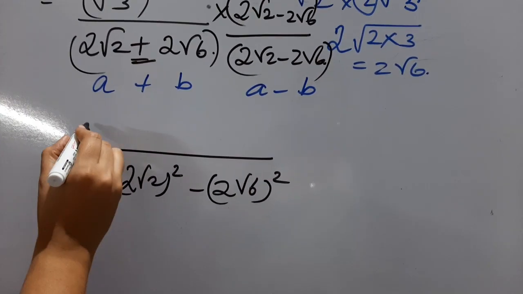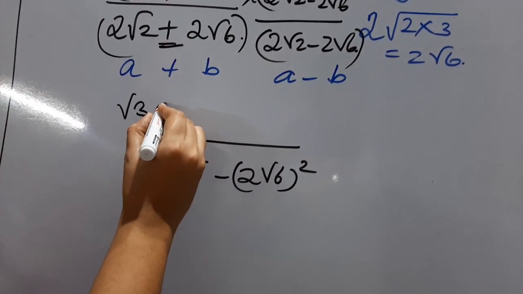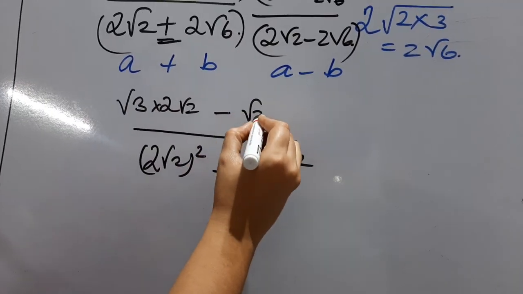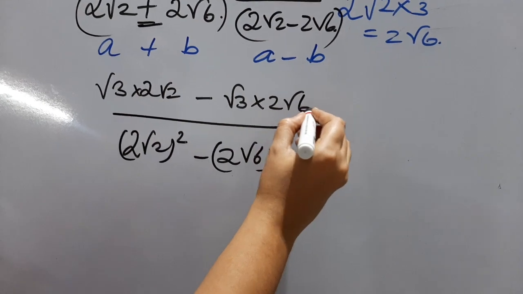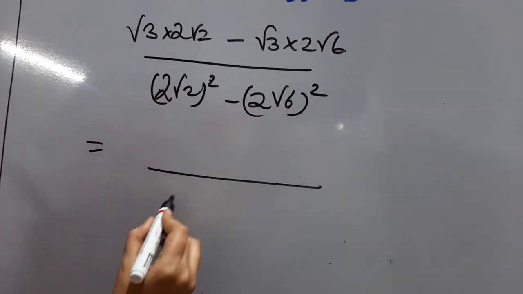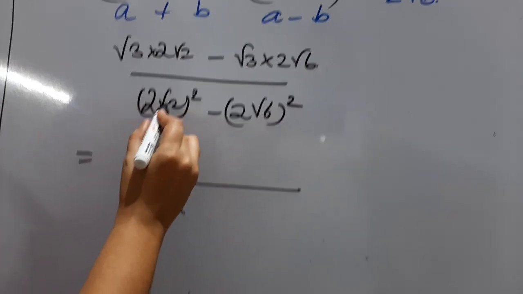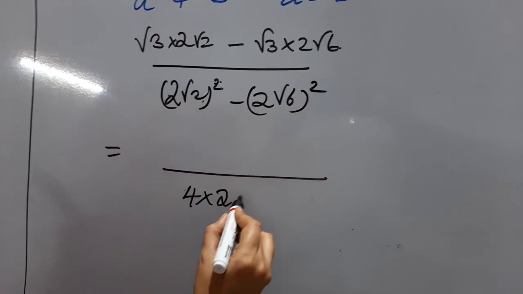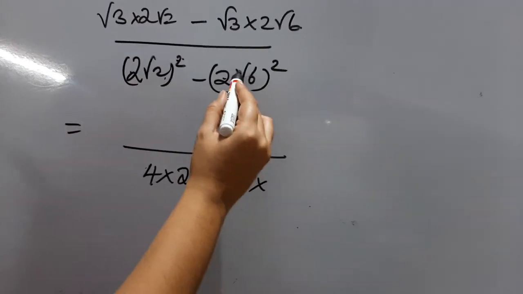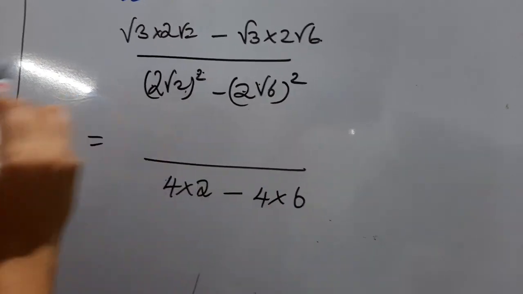And the numerator is root 3 into 2 root 2 minus root 3 into 2 root 6. When I solve the denominator, 2 square becomes 4. Square root of 2 and square will get cancelled and this will become 2. 2 square again becomes 4. Square root of 6 the whole square becomes 6.